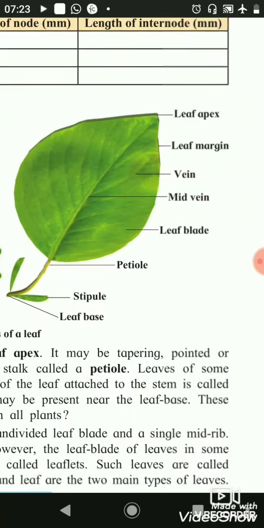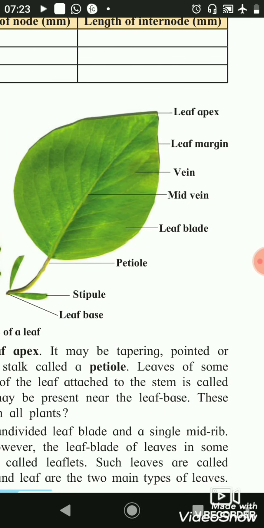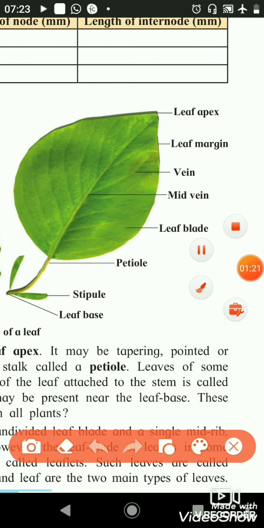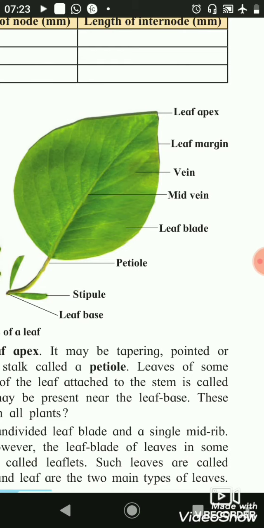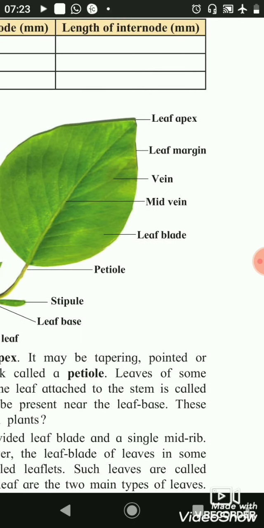I will show you. Listen here. This is the leaf blade. This is the complete green part you can see. This is the leaf margin. Look at the leaf margin here.